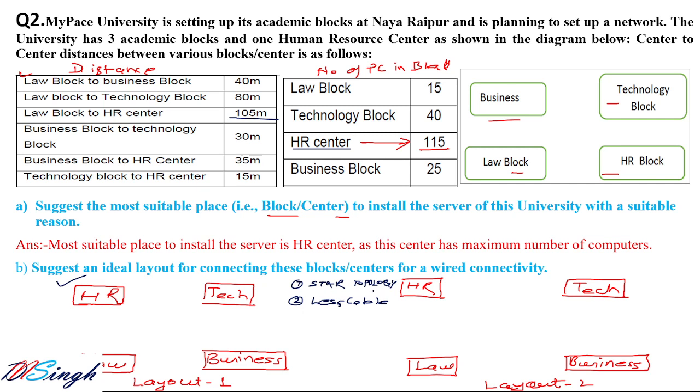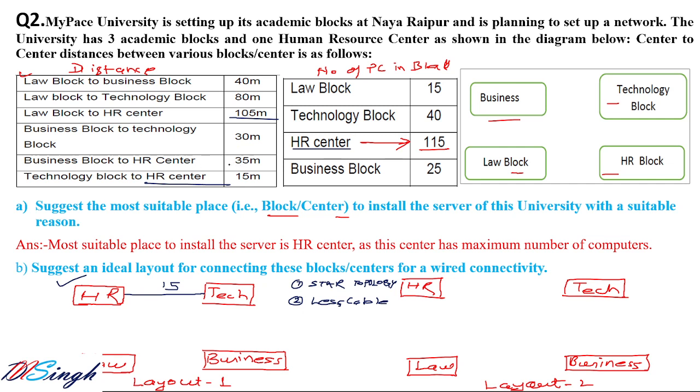So let us first go for the star topology. HR to tech is the minimum distance available in our distance table, so we will take this link, and this is a 15-meter link. Next is HR to business, which is 35.